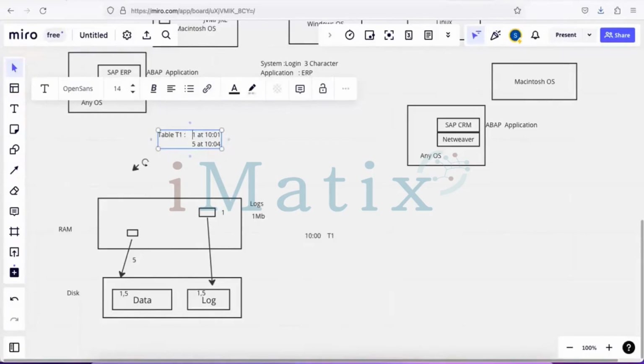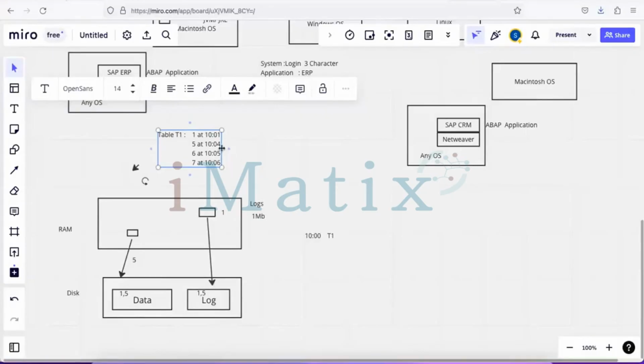We have written 1 at 10:04, we have written 5, I will just write here 6 at 10:05, and then we write 7 at 10:06.